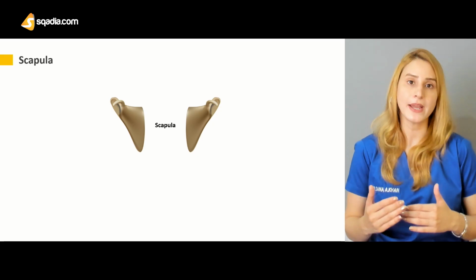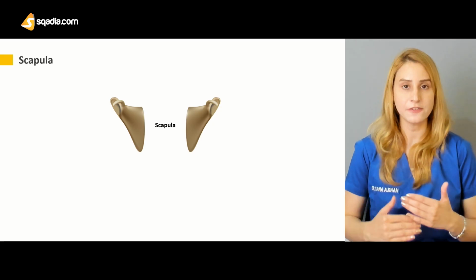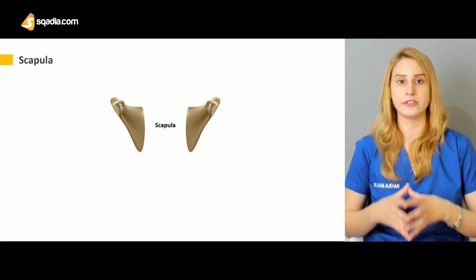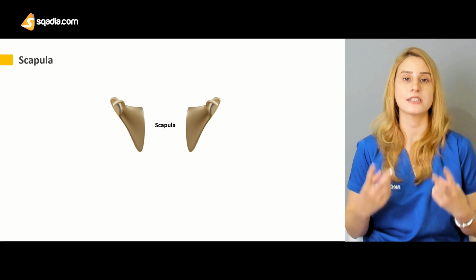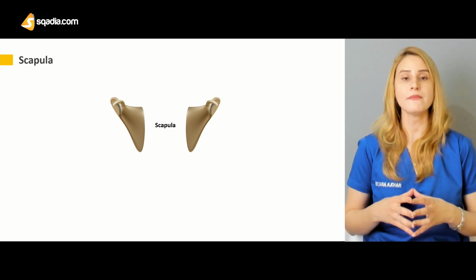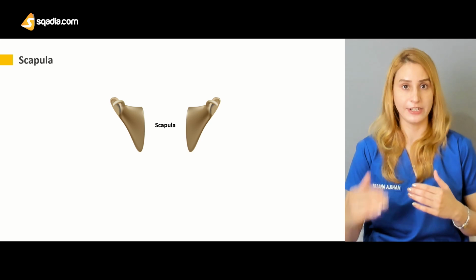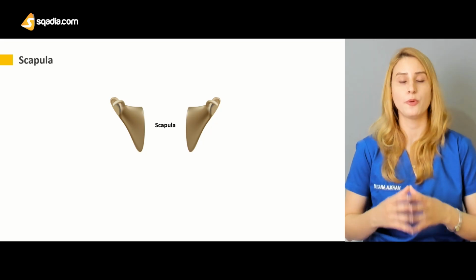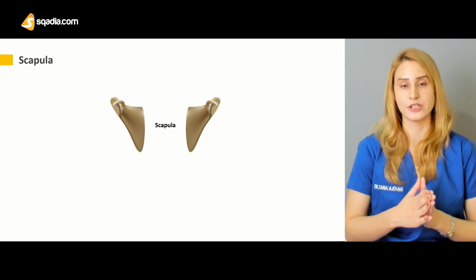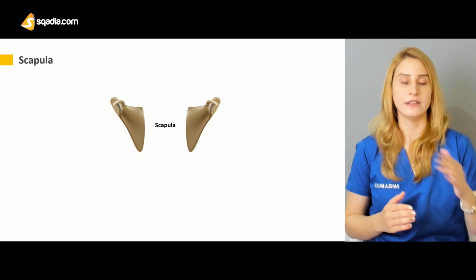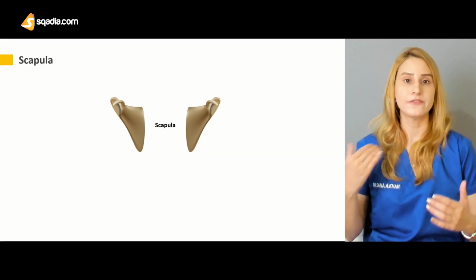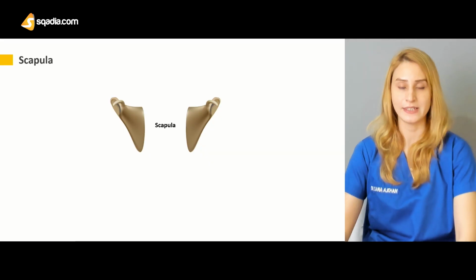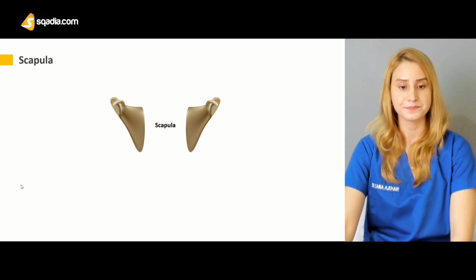When we talk about the different surfaces, borders and angles, one thing to remember is that the scapula has two surfaces, the anterior and the posterior surface. Then it has three borders, the medial border, the superior border, and the lateral border. And then three angles, which are the superior, lateral, and inferior angle.